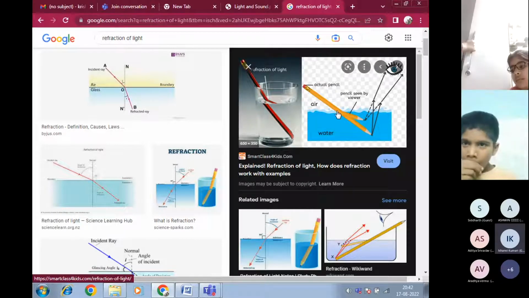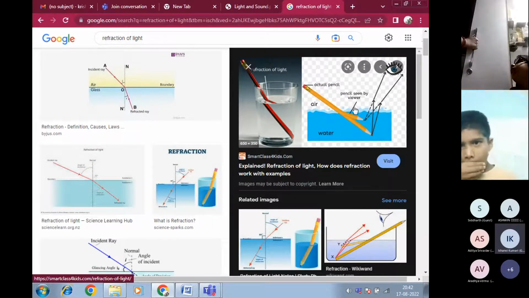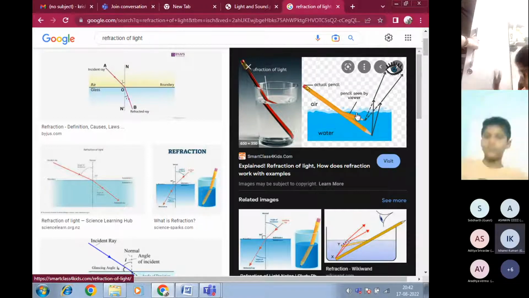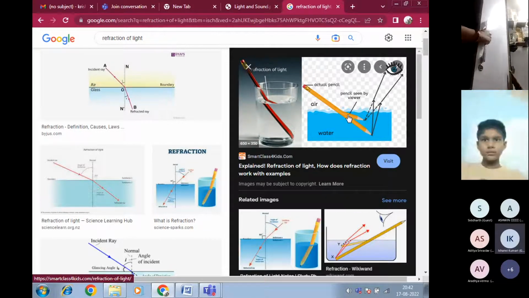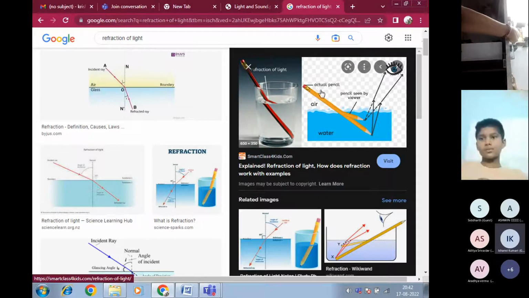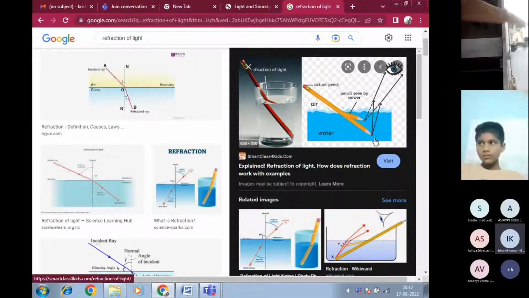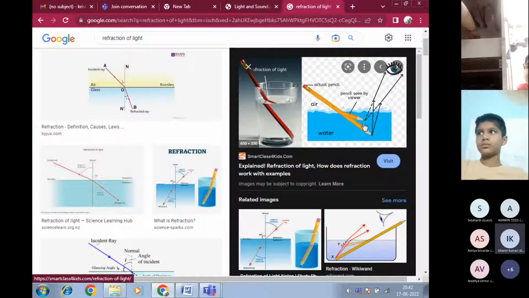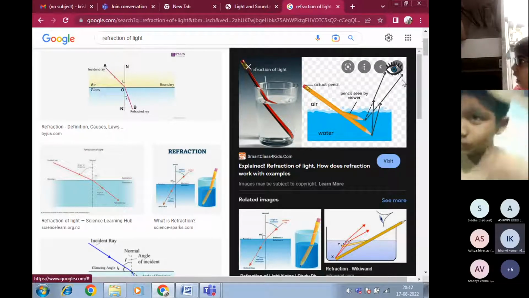Ma'am, why does the light bend? When it travels from one medium to another medium, this kind of property takes place. It's not reflection, because the light rays enter from the air medium to the water medium. When it is going from one medium to another, you call it bending.